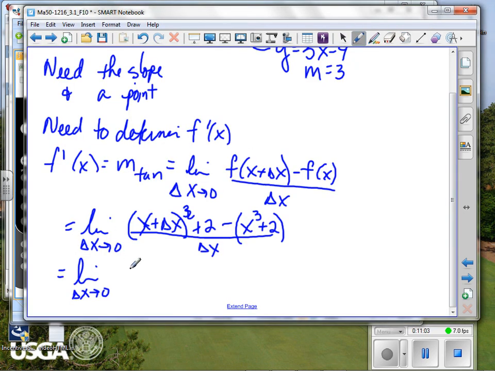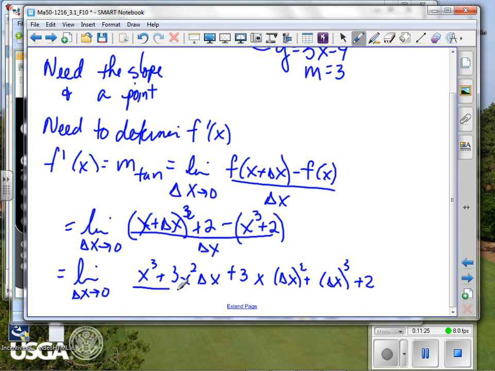So I'm going to go back here, and this would be x cubed plus 3 x squared delta x plus 3x delta x squared plus delta x cubed plus 2. And I'm working in the numerator here. Now can I distribute the negative? I think I can.